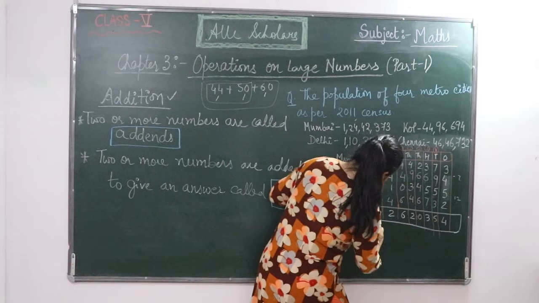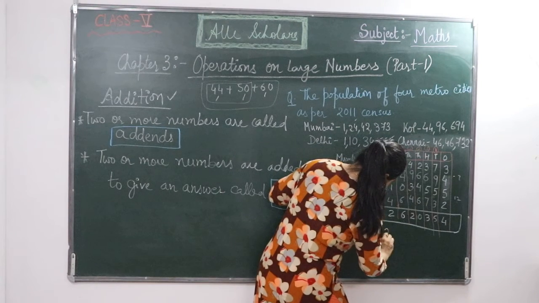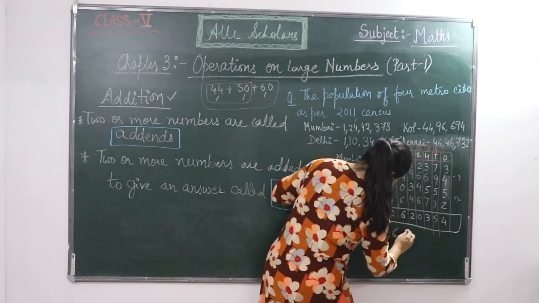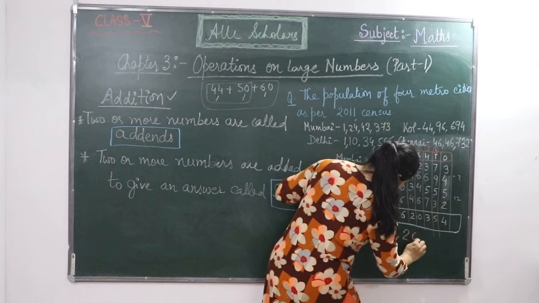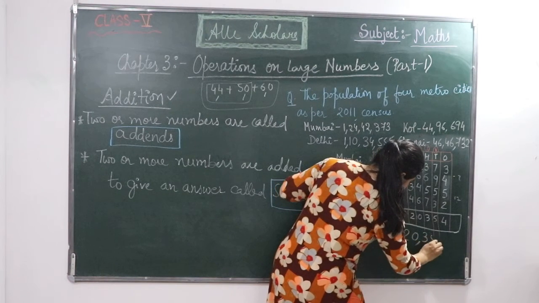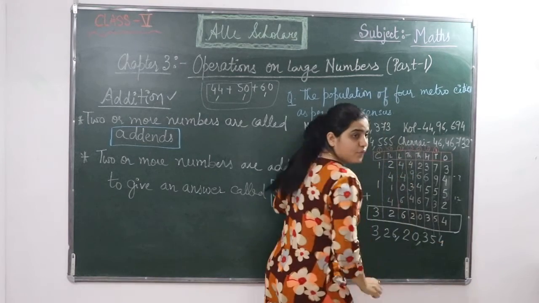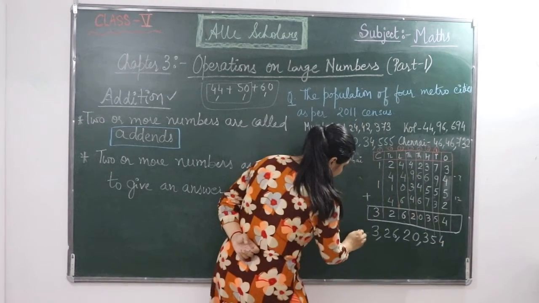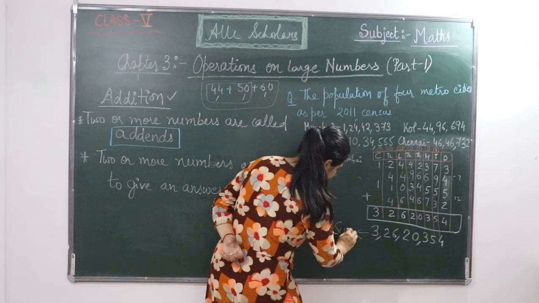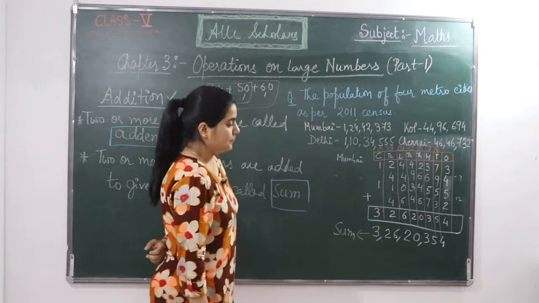Okay, so this is the full answer. 3 crore 26 lakh 2,354. This is the final answer, and the final answer is called the sum.